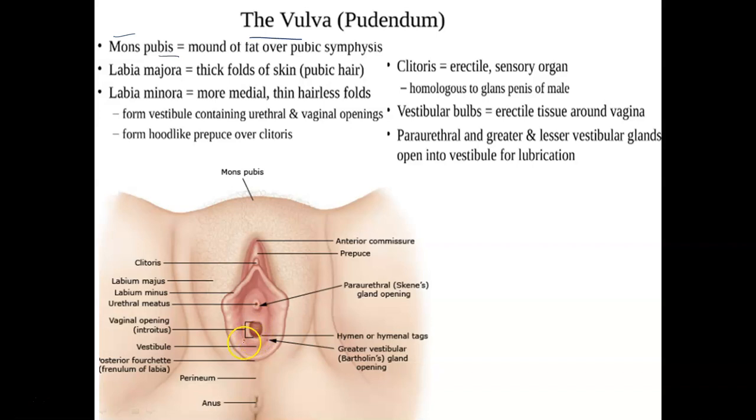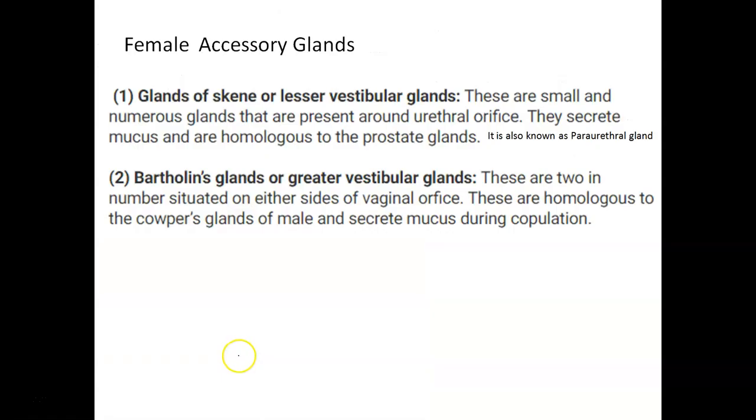Now the next part is the female accessory glands. There are two glands: the first one is the greater vestibular gland and the other one is the lesser vestibular gland. The lesser vestibular glands are small and numerous in number, and they are present around the urethral opening.